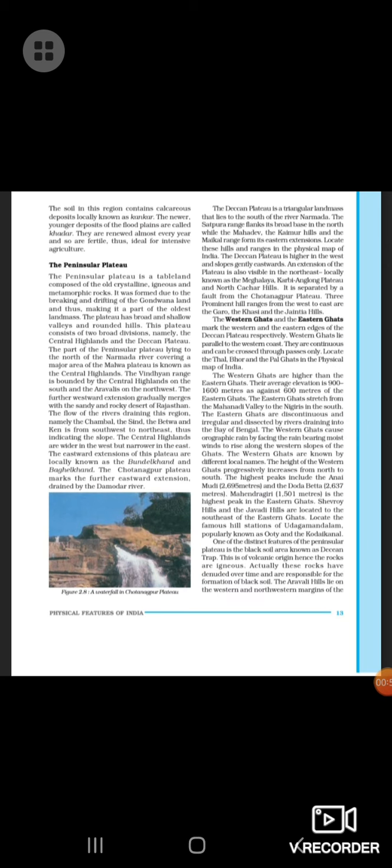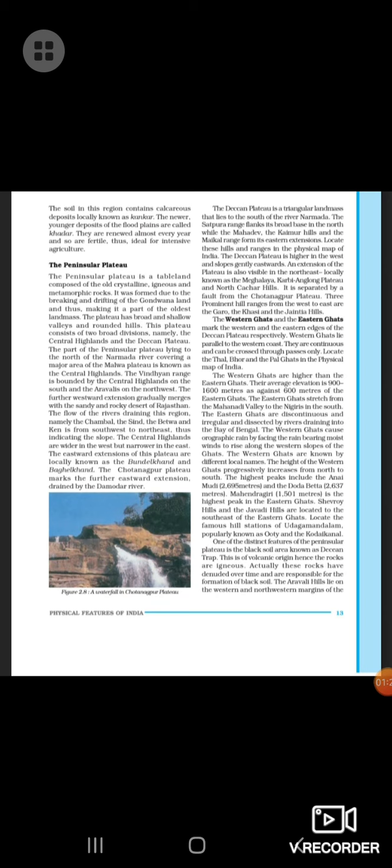That means this type of area is mainly made up of crystalline, igneous and metamorphic rocks. Now let us discuss how it was formed. It was formed due to the breaking and drifting of Gondwana land. We have already discussed Gondwana land.